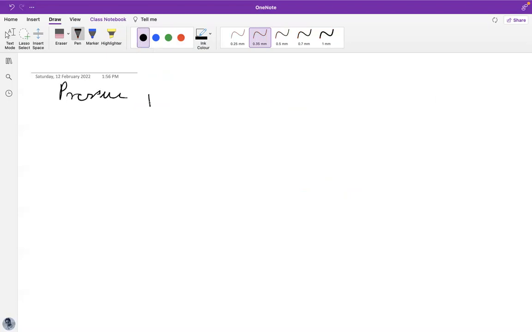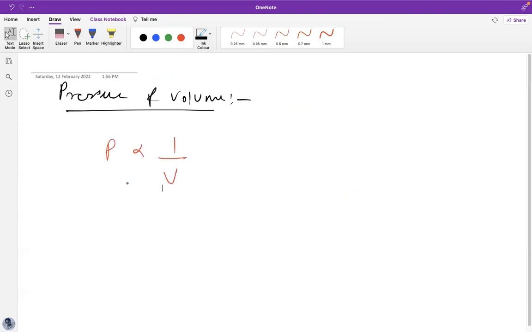Pressure and volume. You can see that pressure is inversely proportional to volume. What does it mean? It means if you increase your pressure, volume will decrease. Tell me, if volume decreases, what will happen? Number of moles increase or decrease?